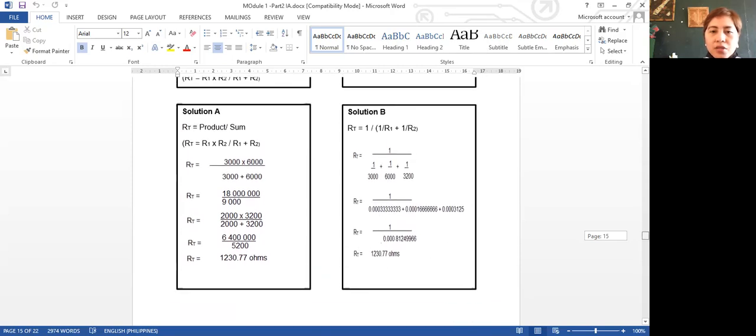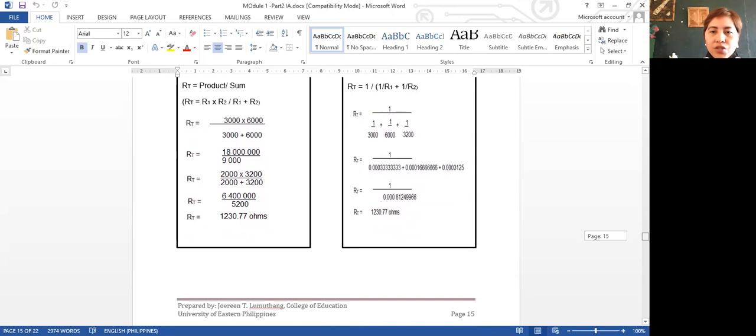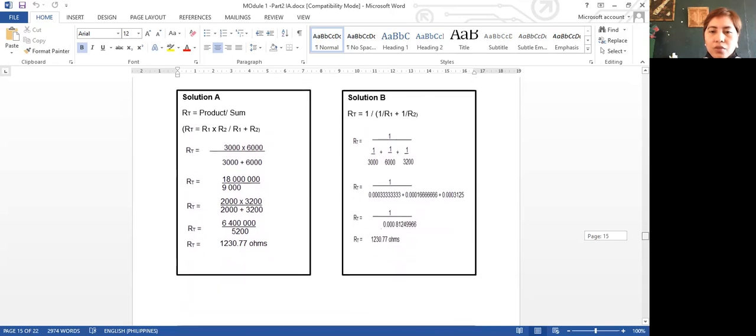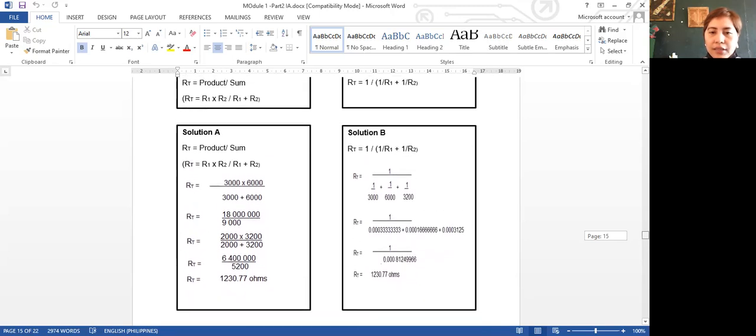But here in solution B, for the reverse, you can just include the R3. Like for example, this one: 1 over R1 plus 1 over R2 plus 1 over R3. So you will get this result. Now compare, it's just the same.